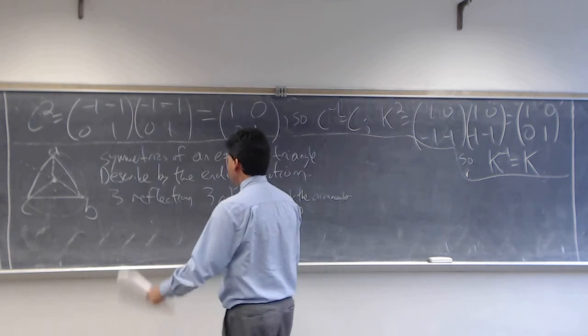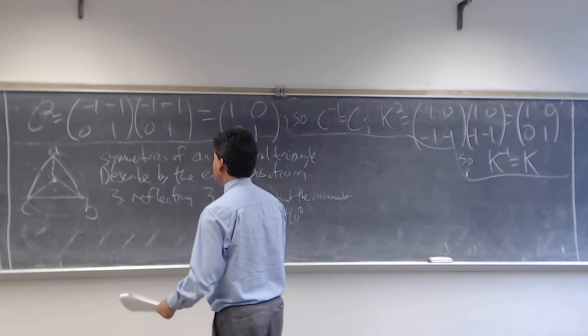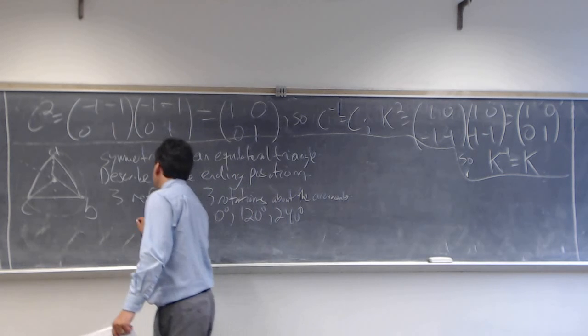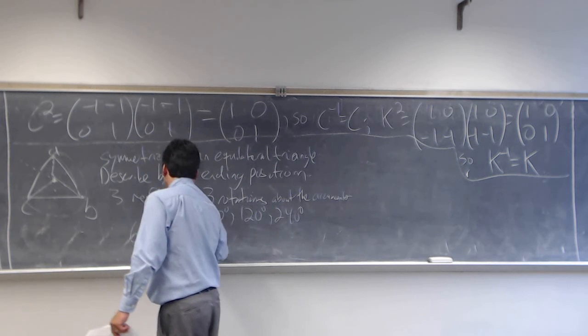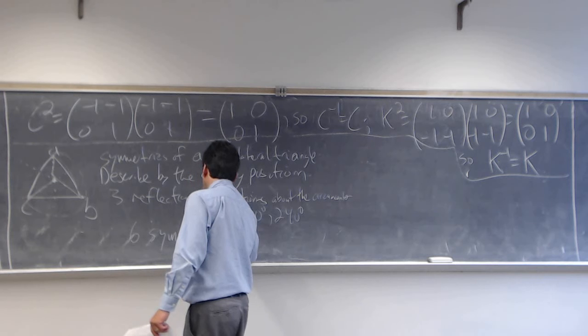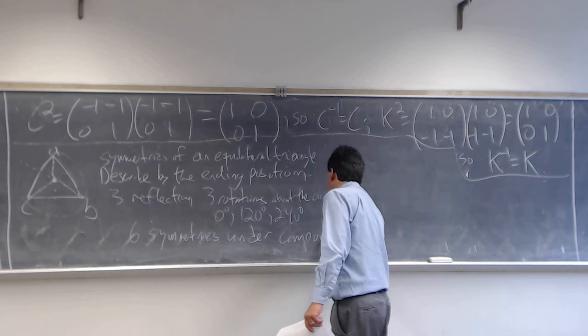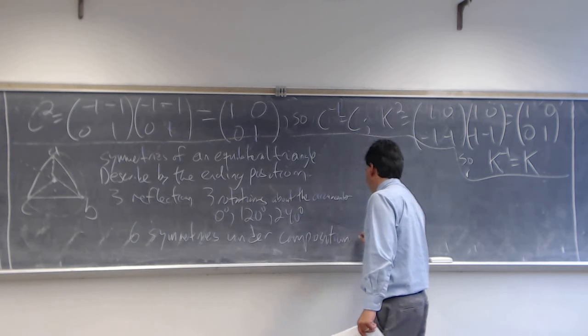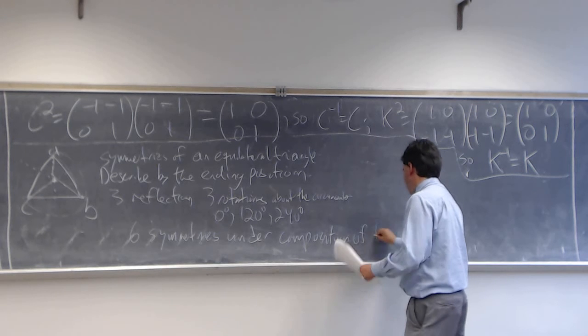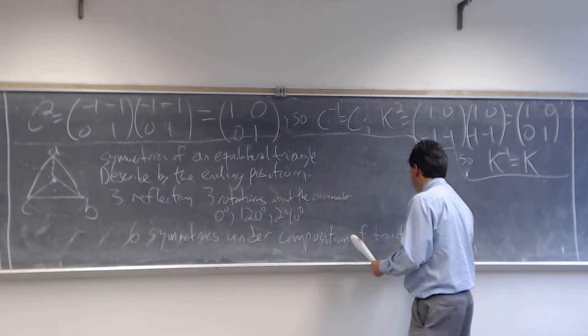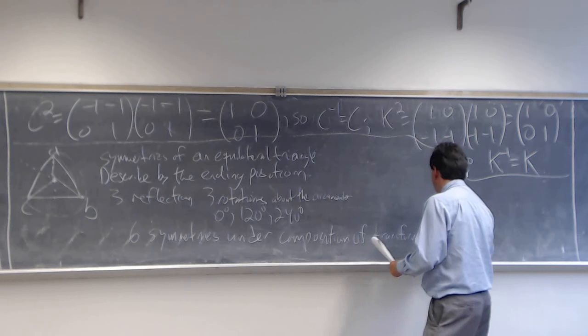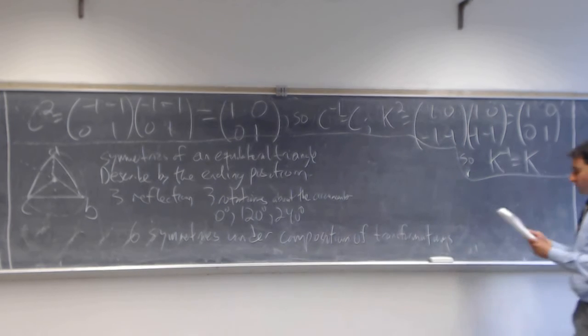And so what we want to do is look at these 3 symmetries. So there's 6 symmetries of transformation.